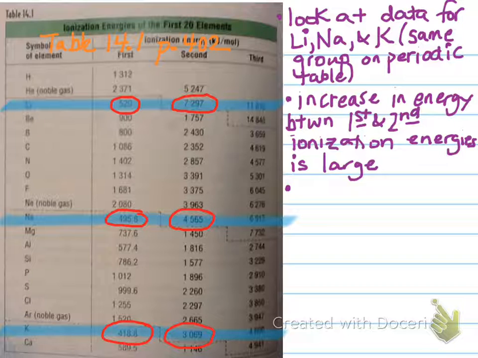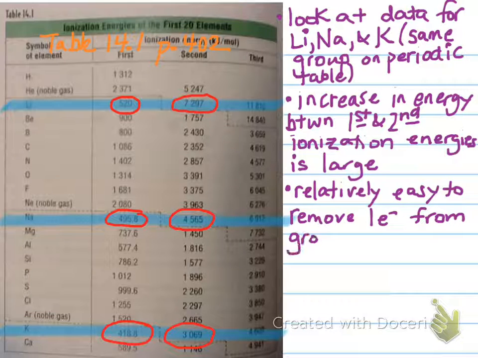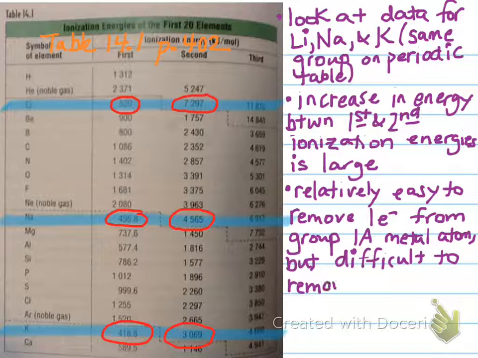What that is telling you is that it is relatively easy to remove one electron from a group 1A metal atom but difficult to remove a second electron.